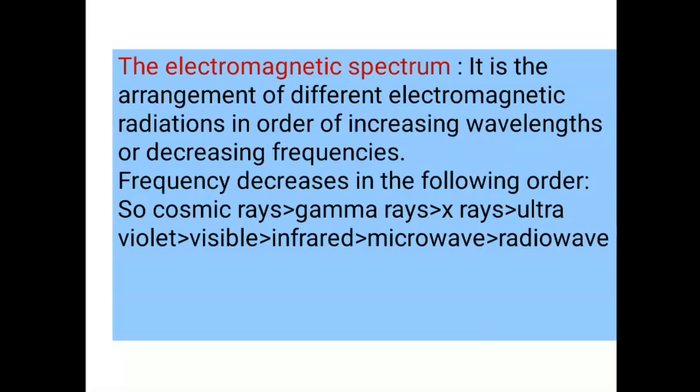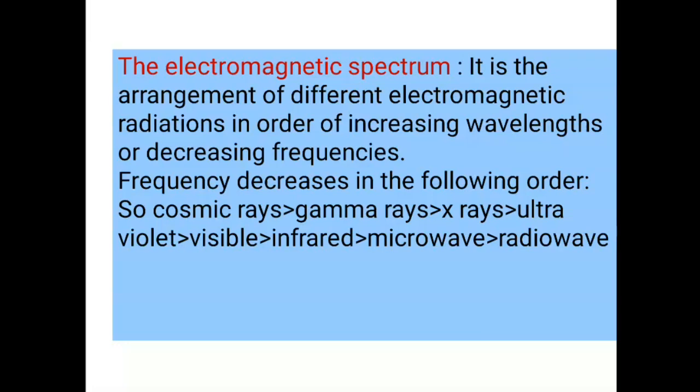So cosmic rays are the most energetic rays and radio waves are the least energetic radiations amongst these. So cosmic rays, gamma rays, X-rays, UV, visible, IR, microwaves and radio waves. This complete range of electromagnetic wave is called electromagnetic spectrum.